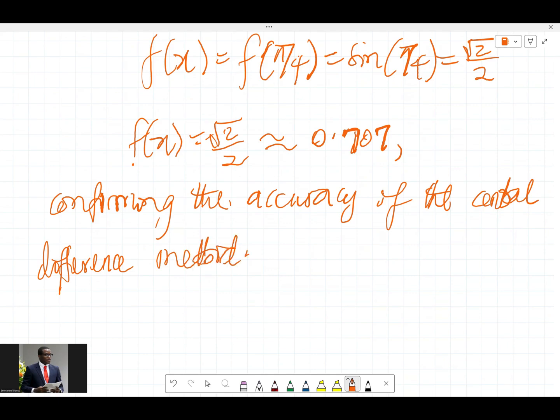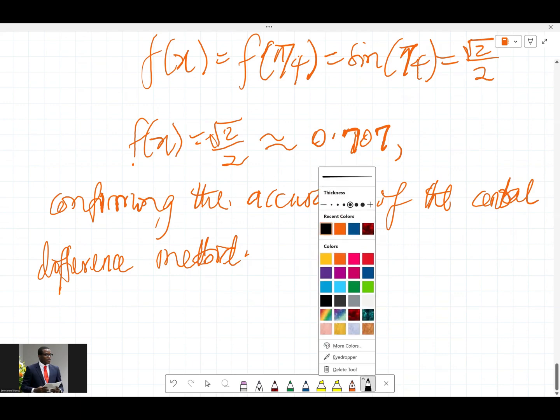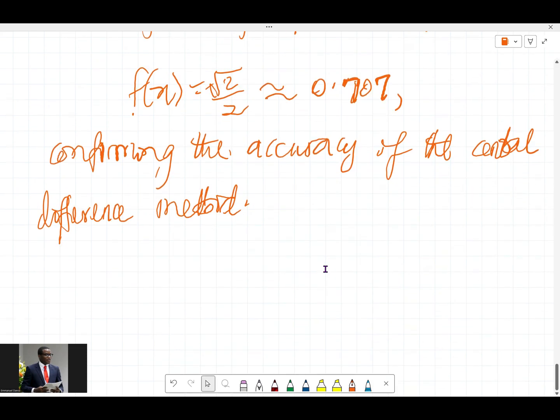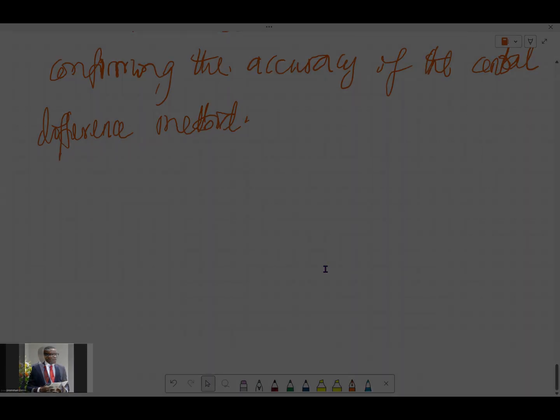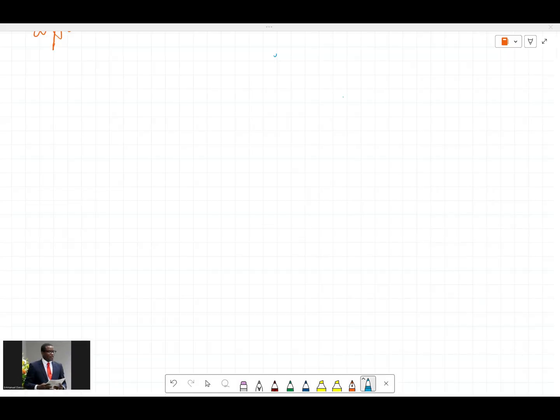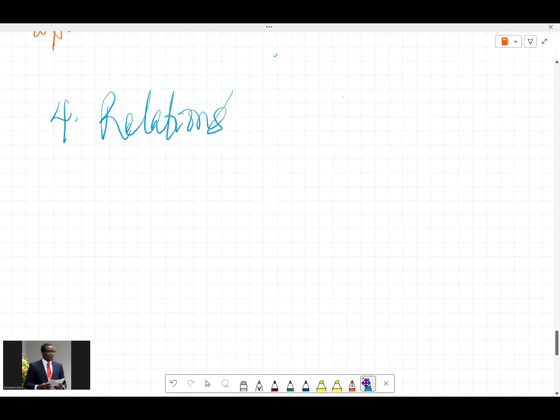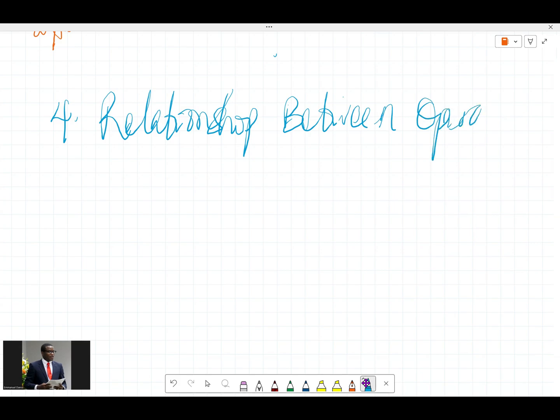Okay, so with that now, let's move on to the last part of this. For number 4, we have the relationship between operators.